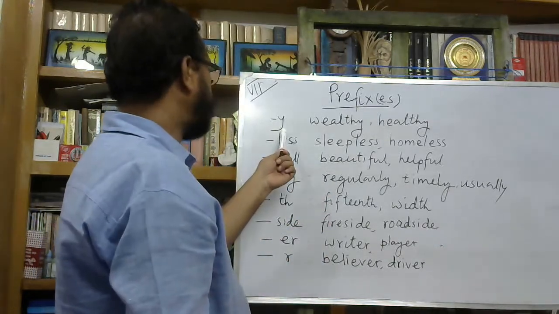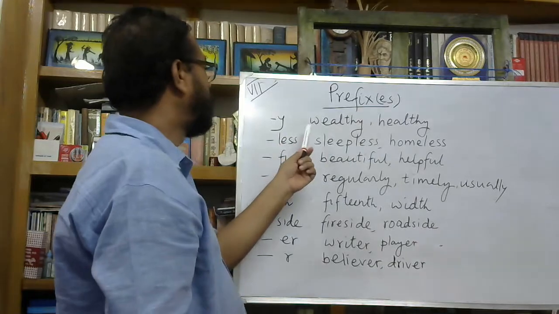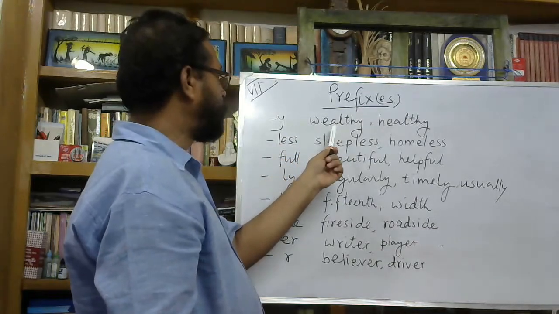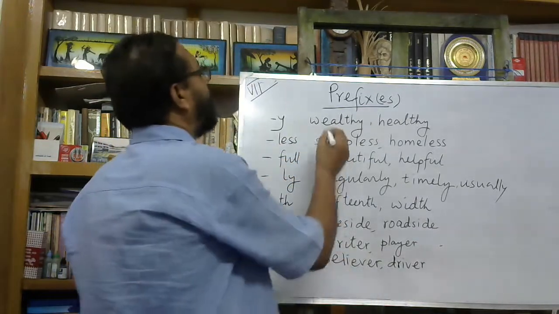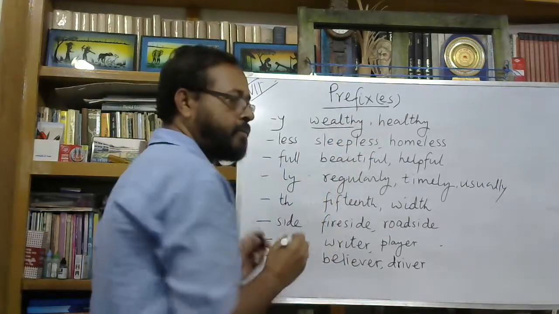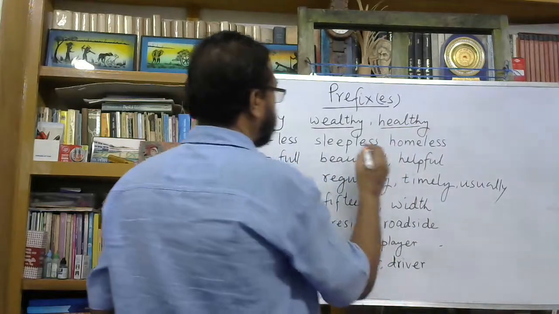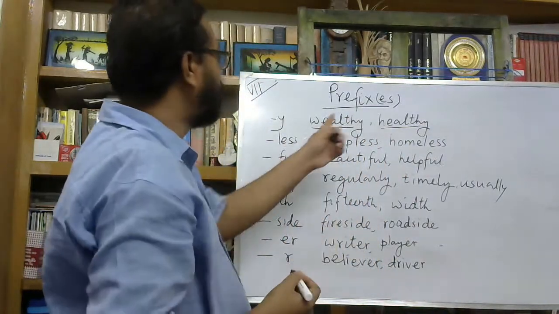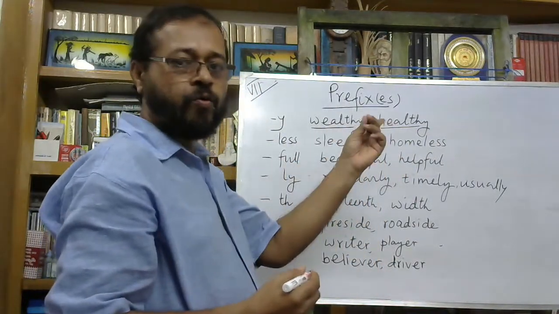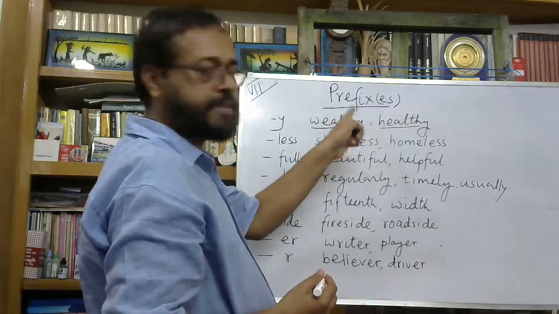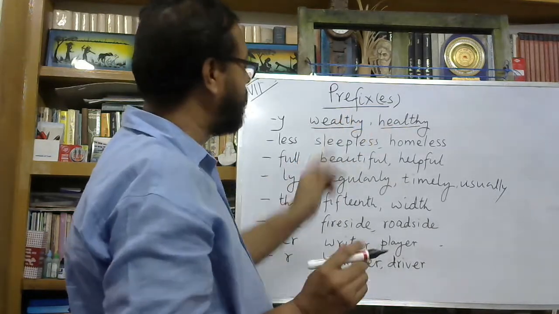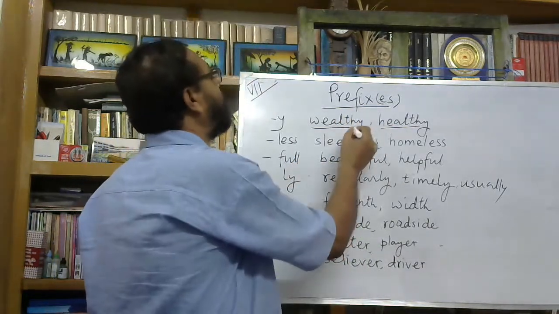So why is this a suffix? What is the root word here? Wealth, wealthy, health, healthy. Wealth is a noun and wealthy is an adjective.